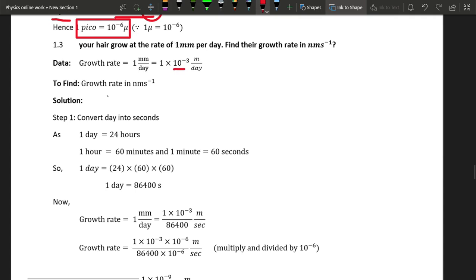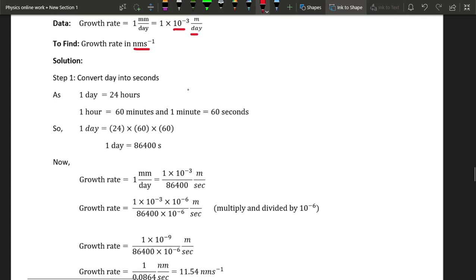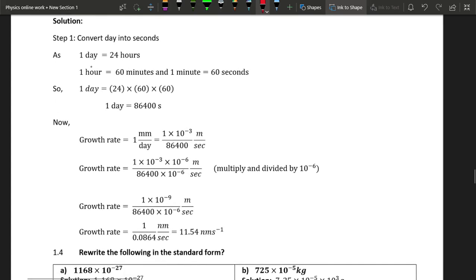You need to find your growth rate in nanometer per second. So you must convert these days into seconds. So how can we convert? As we know that 1 day equal to 24 hours, and each hour is of 60 minutes and each minute is of 60 seconds. So 1 day equal to 24 into 60 into 60. When we multiply these three values, we will get 86,400 seconds.